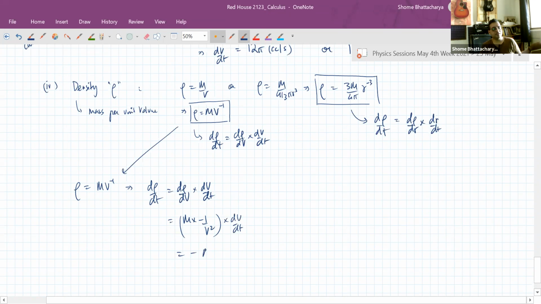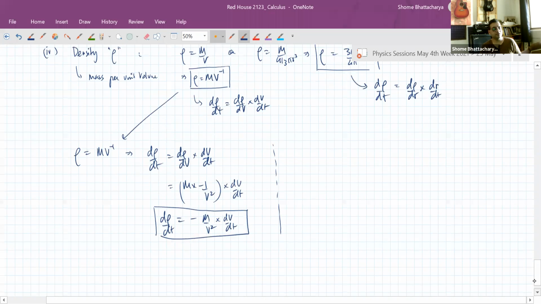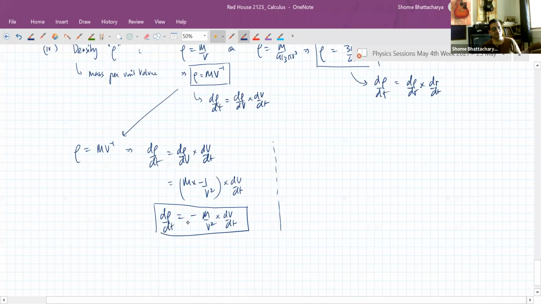The negative sign is showing us that the density is decreasing with respect to time. This is the formula that we get for the rate of change of density, and the minus sign is just showing us that as time is increasing, the radius is increasing, so the volume is increasing, so the density will be decreasing with respect to time.